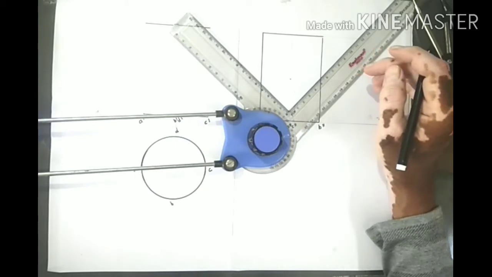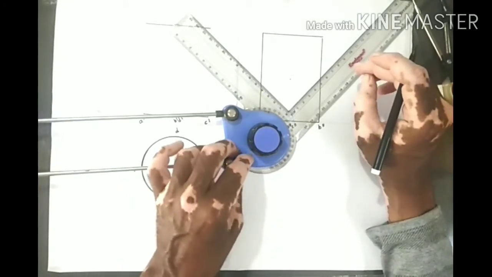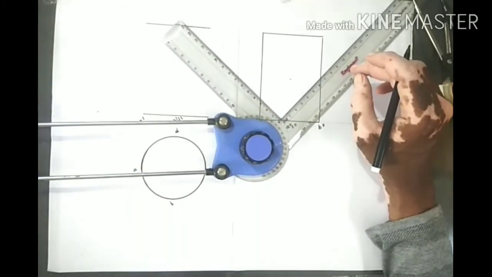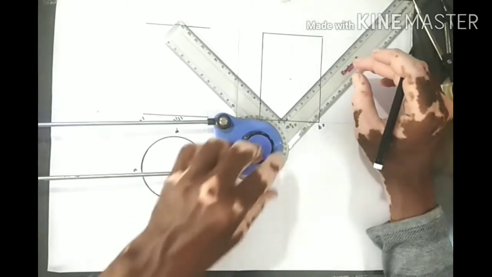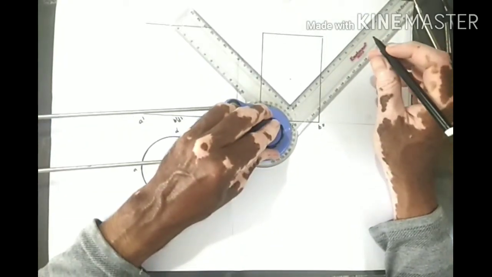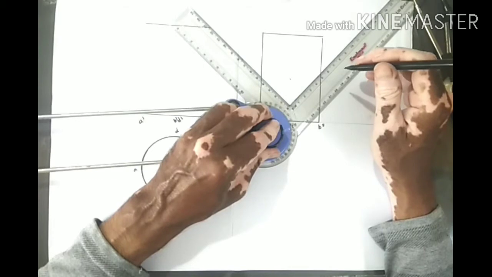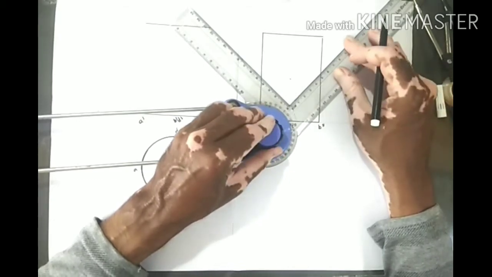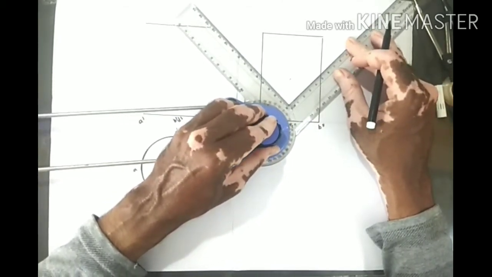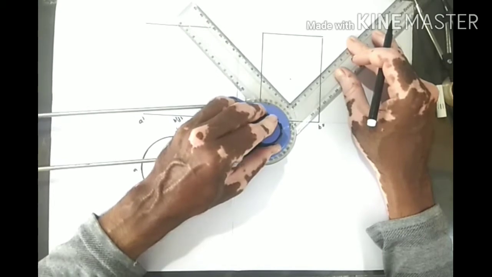This problem is, I think, wrong. Diameter is 70. So horizontal prism size I am taking 40. Something is wrong in this problem.